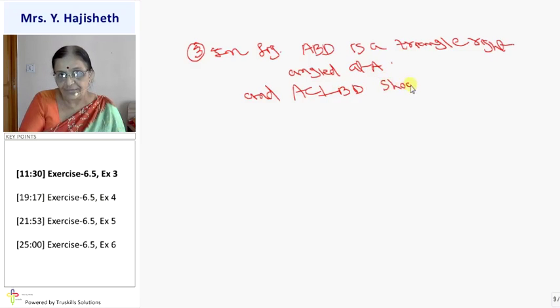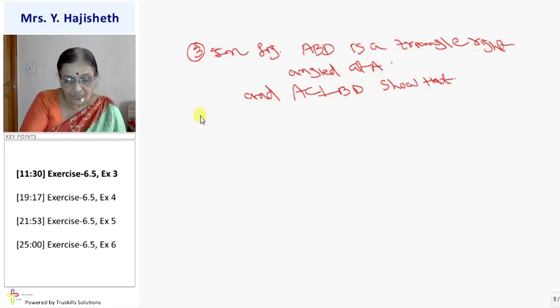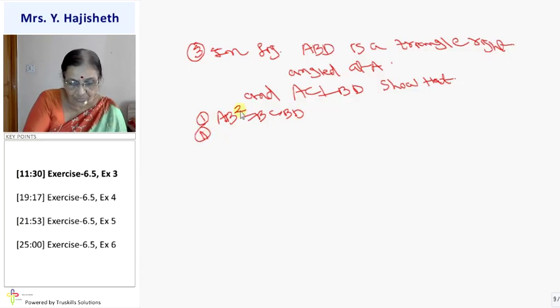Show that, the first part you have to prove is AB square is equal to BC into BD. In the second part you are asked to prove that AC square is BC into DC.